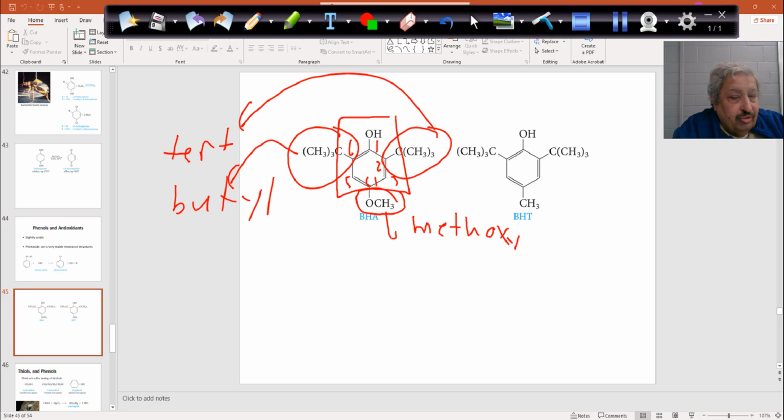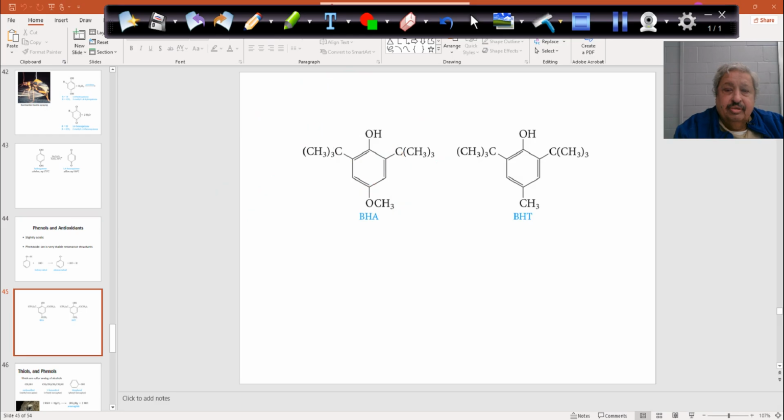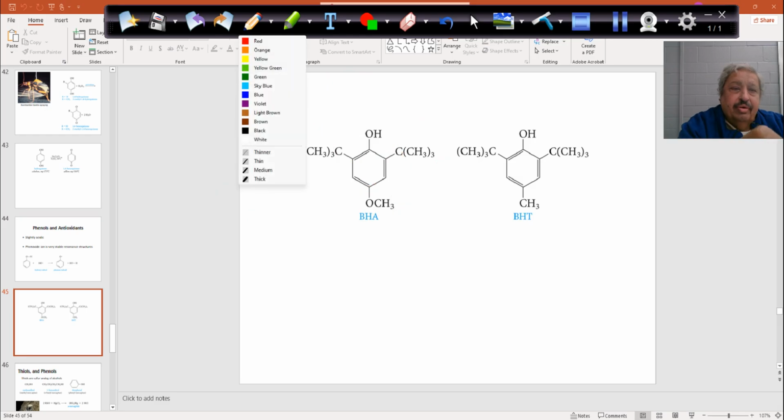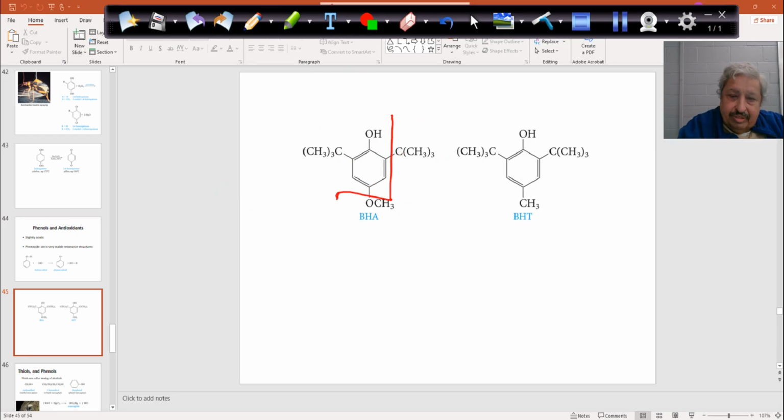Phenol at the end. Everybody knows how to name this? Okay, so your main skeleton is phenol. So write phenol at the end. That's a phenol. It's an alcohol, an aromatic alcohol.